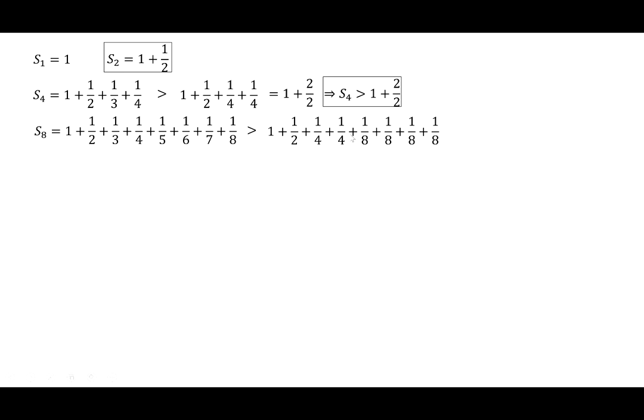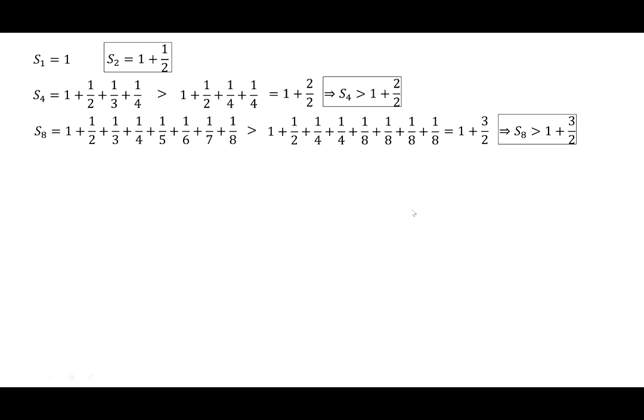Why did I do that? Because I can find the sum of this much more readily. 1/8 plus 1/8 plus 1/8 plus 1/8, that is 1/2. This is 1/2, and this is the 1/2. So 1 plus 3/2 is what this turns out to be. And what do we conclude about S sub 8 and 1 plus 3/2? S sub 8 must be bigger than 1 plus 3/2.